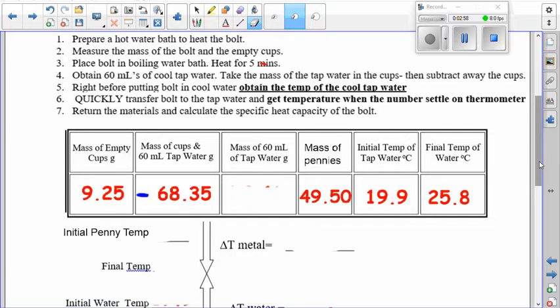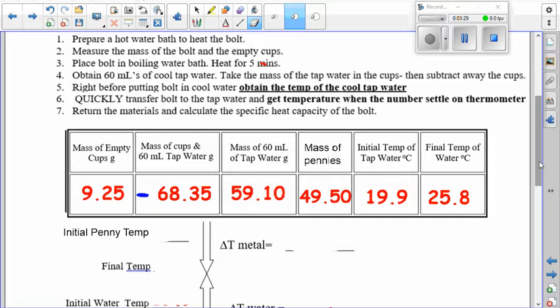Let me know what you get. 59.1, yeah. We found the difference between those first two numbers. The reason we chose those numbers was because 68.35 is the mass of your cups with water in them, and the mass of your cups all by themselves is 9.25. So if we subtract the empty cups, we'll find out the mass of the water that's actually in there. Does that make sense?